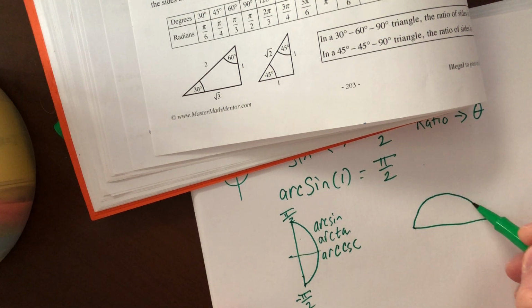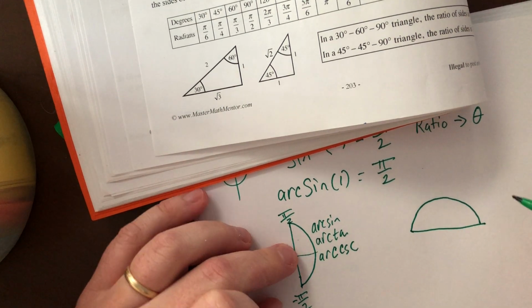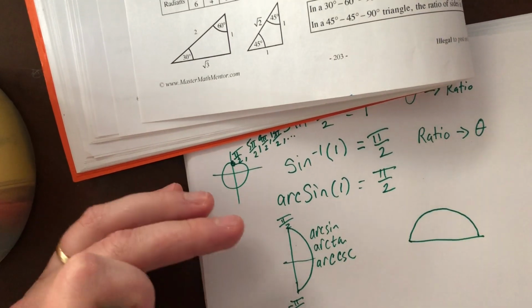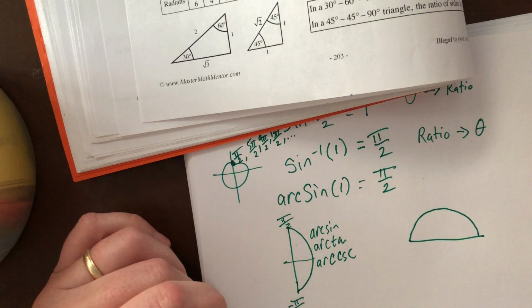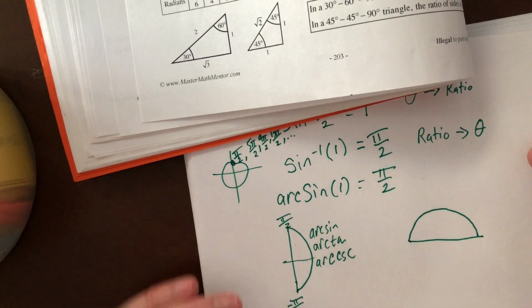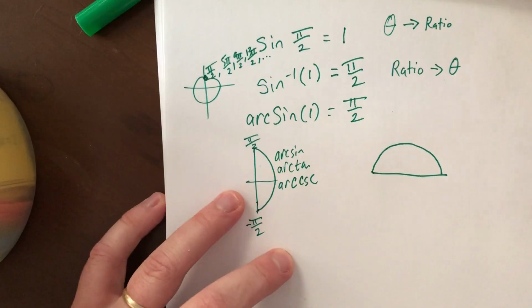And one of the reasons that we do this is now there's only one possible answer. If I say, hey, what's the inverse sine of 1? Everyone knows it's pi over 2. Well, not everyone knows. Like, across the math world, there's only one. We're all going to say it's the same thing. It keeps us consistent with each other.